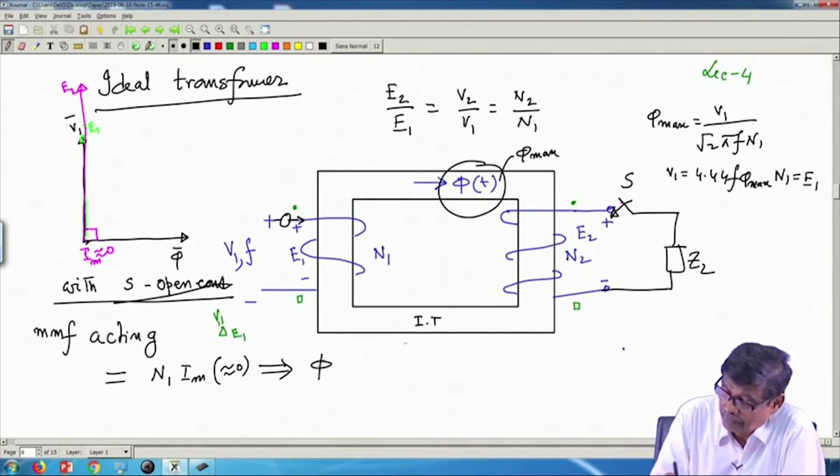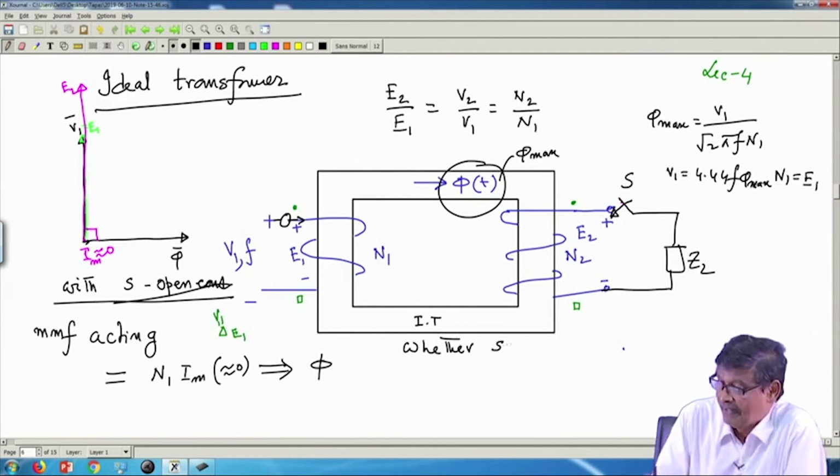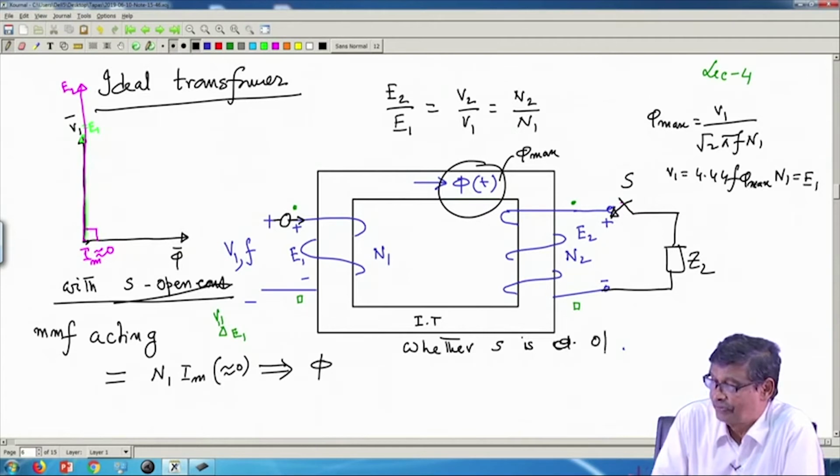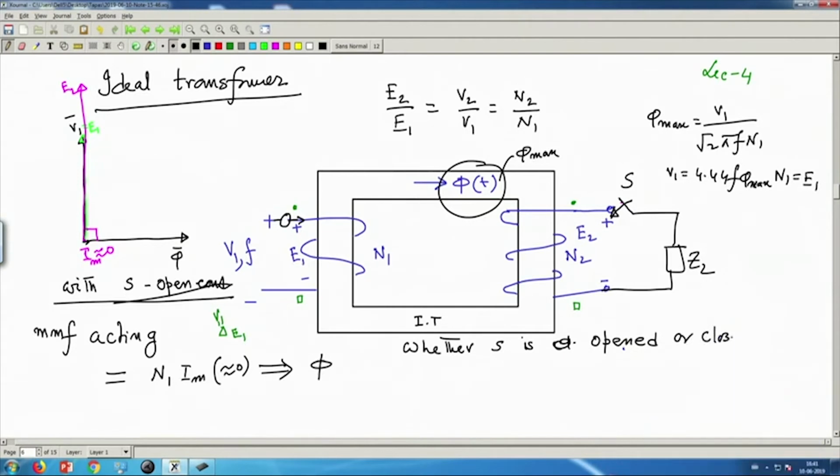Therefore, I will write it: whether S is opened or closed, phi, that is core flux, will not change, cannot change.